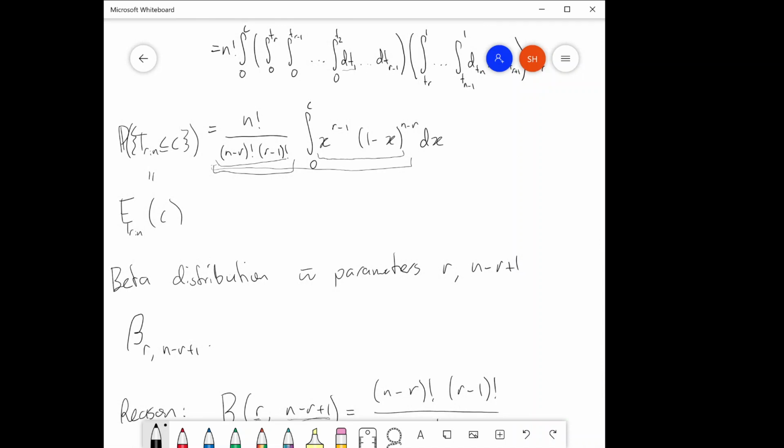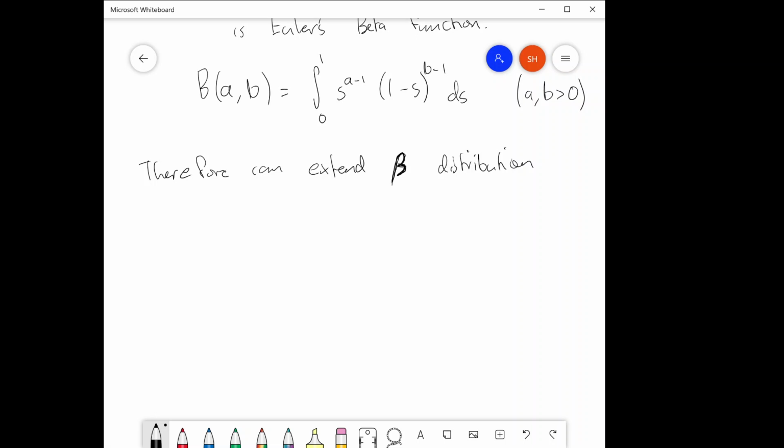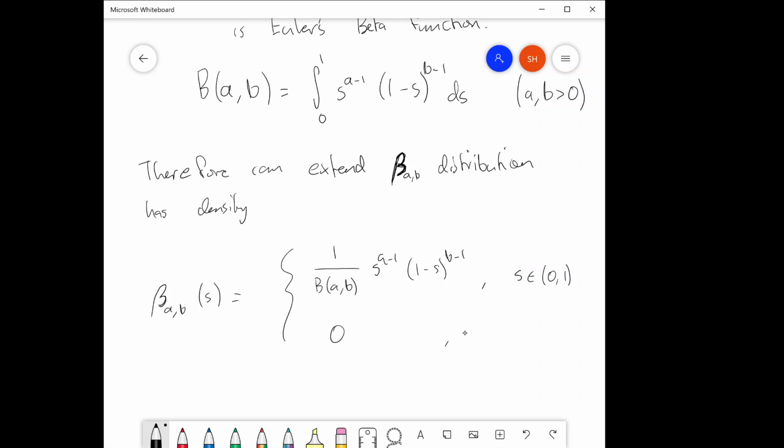So if we put a, b here, this has density non-boldface beta a, b of s, equal to 1 over B(a, b) times s to the a minus 1, times (1 minus s) to the b minus 1, for s in 0, 1, and 0 otherwise.